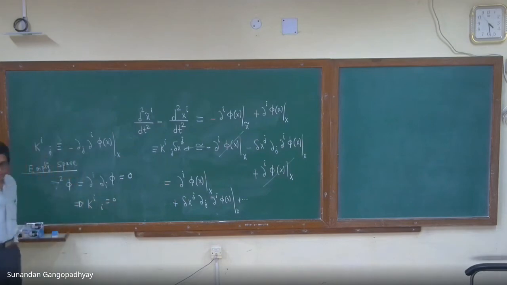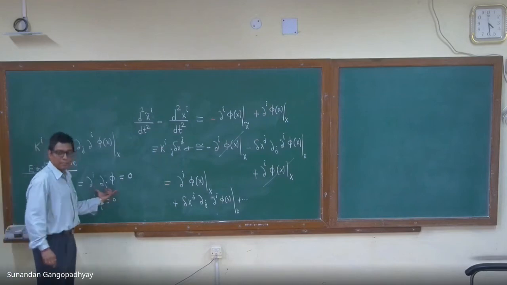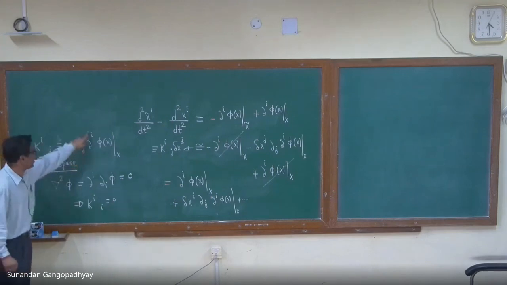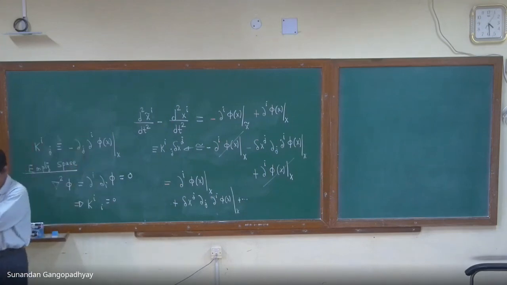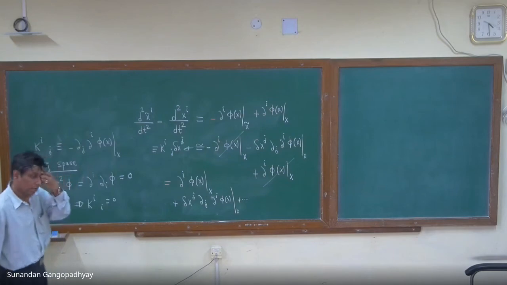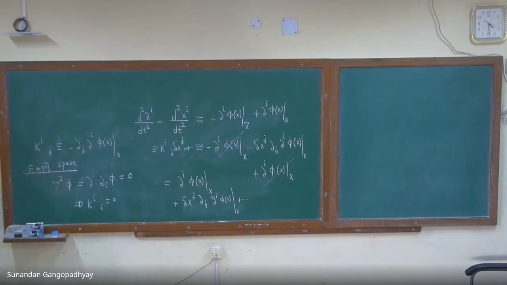So this implies that in empty space Kii is 0, because this quantity is nothing but Kij with the same index, j equal to i. Apart from the sign, whatever, Kii is 0. So far so good. Everything is exact. All the arguments we have made are exact arguments. There is no problem with this.